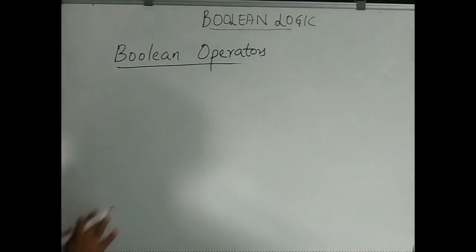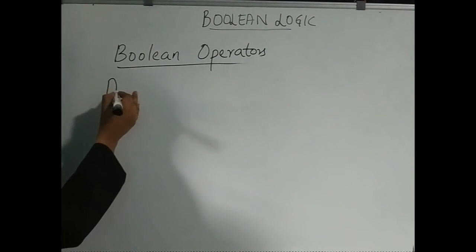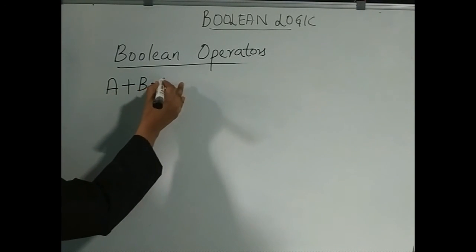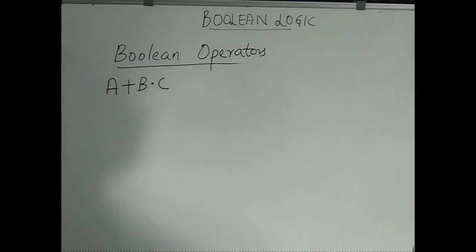Okay, so consider that you are given A plus B and C. This is the Boolean expression that you are given. So what you have to find is the truth table of this Boolean expression.